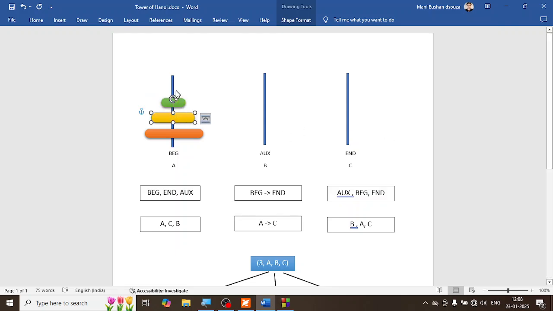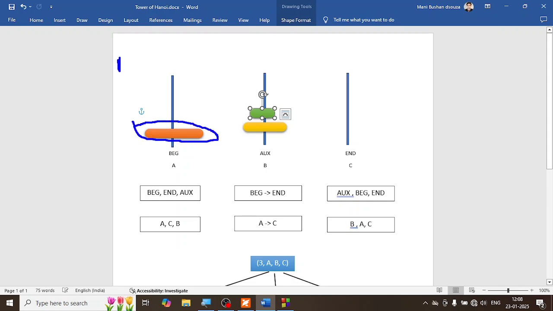Remember, not directly. If this is not allowed, you cannot directly take them. So somehow using this auxiliary, sometimes you move it here, then you move it here, then you bring it here, and so on. Somehow by doing some kind of circus, you bring them here and leave the last disk. That's very important. Leave this last disk.